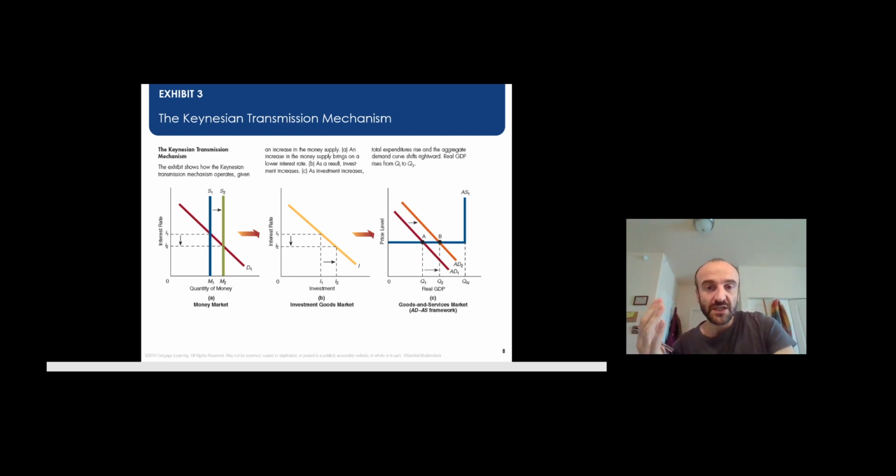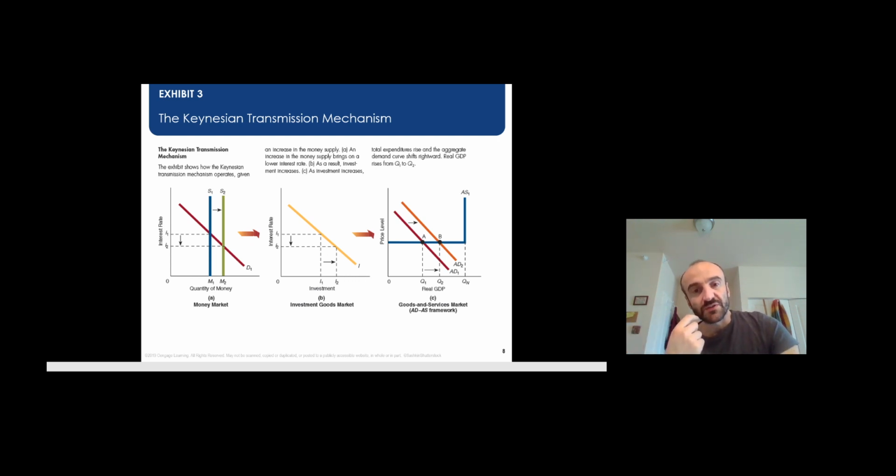So you have still the same referential framework here, the interest rate on the vertical axis, the quantity of money that will be demanded for the purposes of investment on the horizontal axis. So now we see that that's a demand for money. Again, a specific form of the demand for money for the purposes of investment.